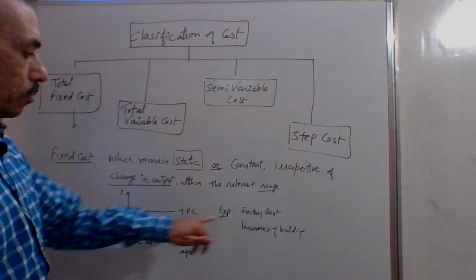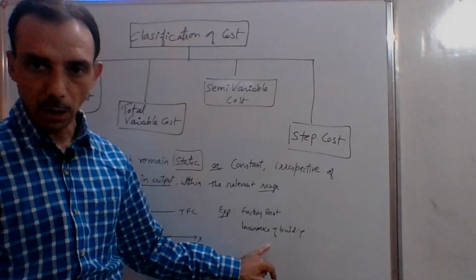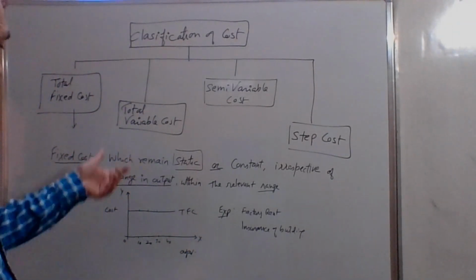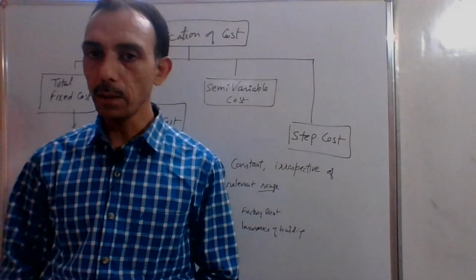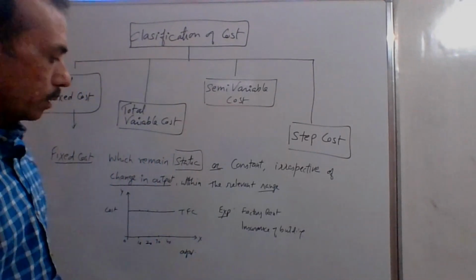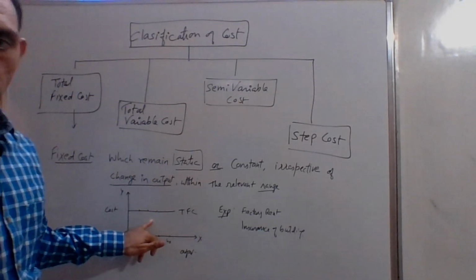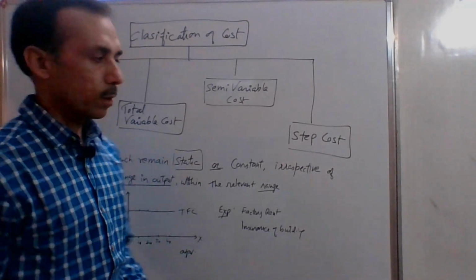Irrespective of the output, we have to pay the factory rent. Irrespective of the output, we have to pay the insurance premium. Hence, this cost is known as a fixed cost. The total fixed cost remains fixed, but per unit fixed cost is variable. Remember, the total fixed cost is fixed, but per unit fixed cost is variable.